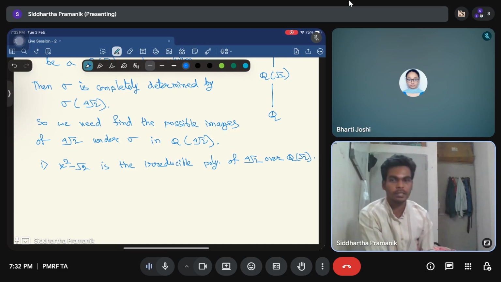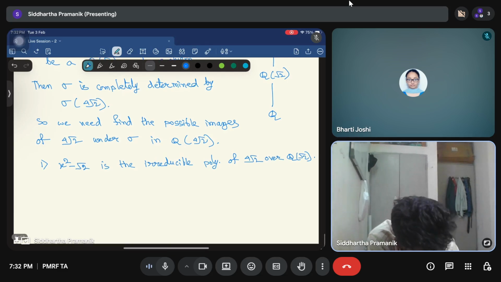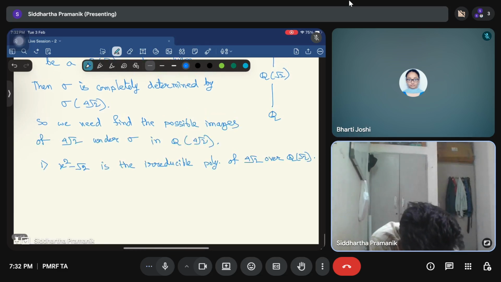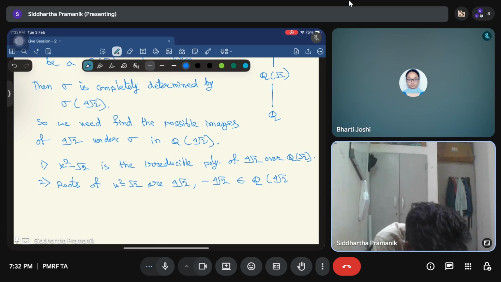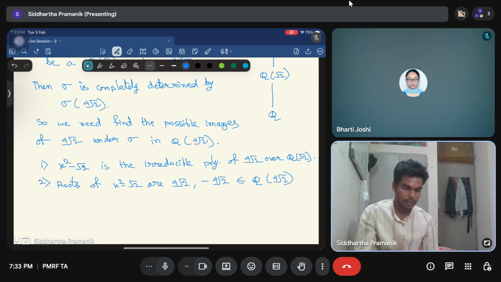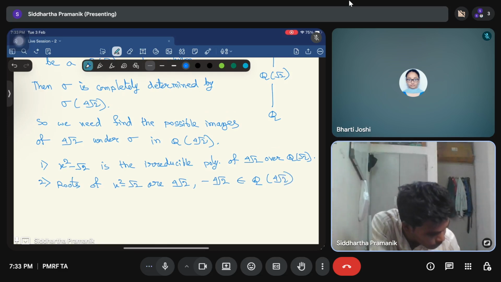You just check this; I am just writing the facts, these are easy to do. The second thing is, what are the roots? The roots of x squared minus root 2 are the real fourth root of 2 and the negative of this. These belong to Q adjoin this. So we have only two roots, which means we have only two choices.